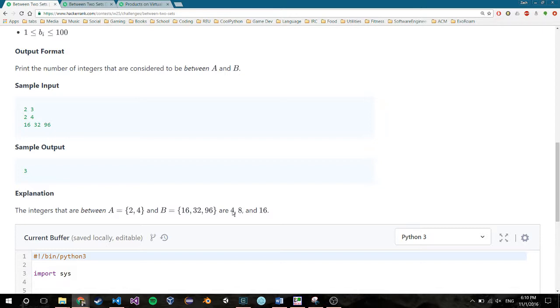The 3-5 thing, you couldn't have like 15 and then 10 or something like that.